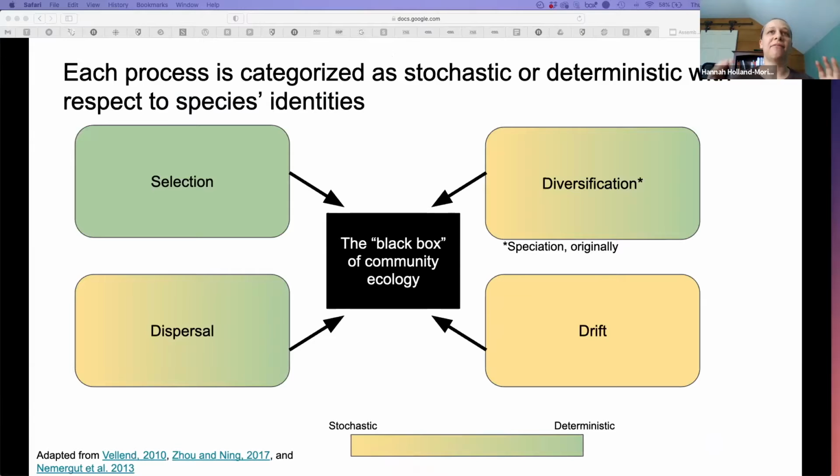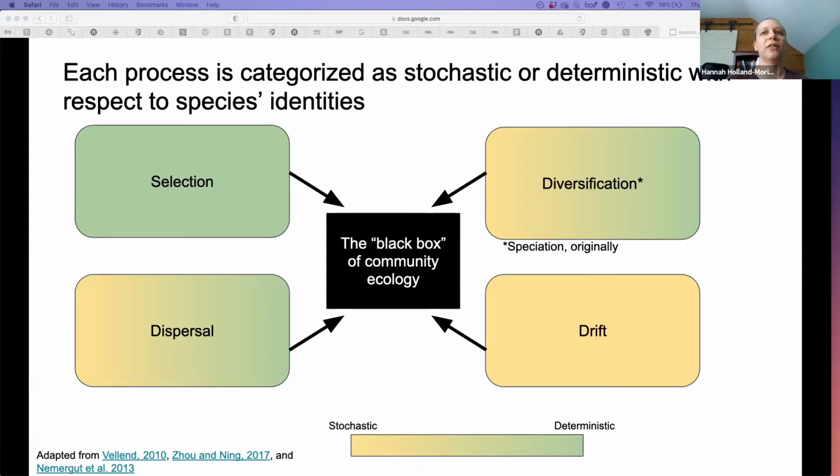So in addition to having these four pillars, it's important to point out that we can categorize or group these pillars by our ability to predict what might be happening versus the randomness associated with each one.